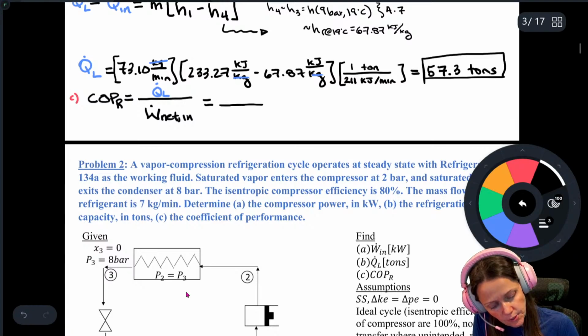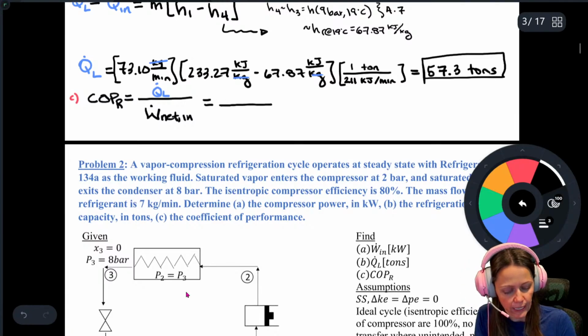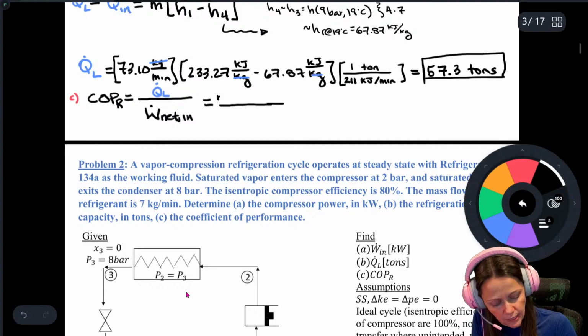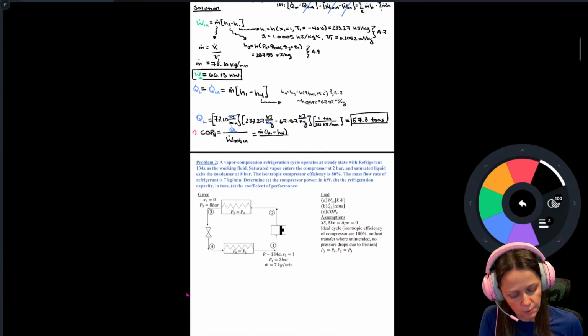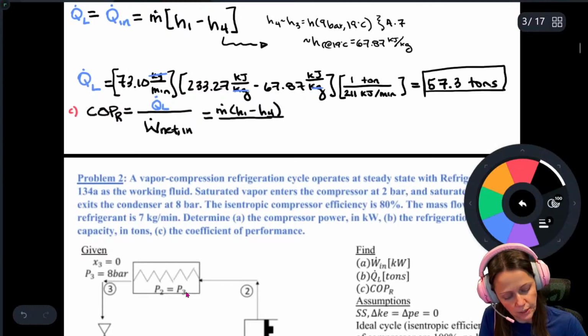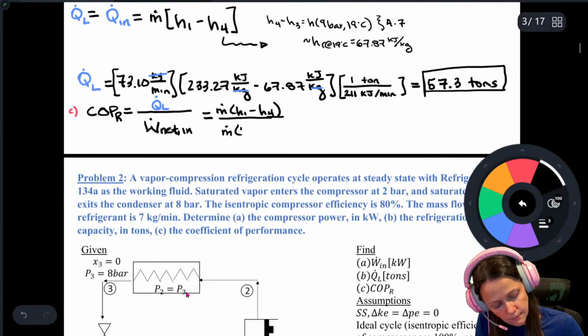All right, so we have, I'm going to go ahead and put this, this guy is m dot times h1 minus h4. And then our equation up on the top for W dot net was h2 minus h1. And then cancel out those m dots.